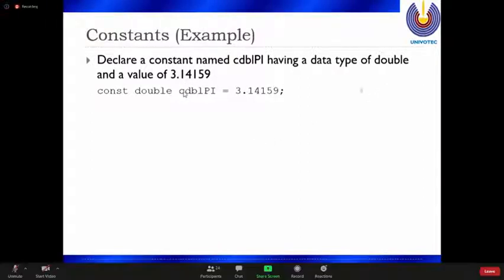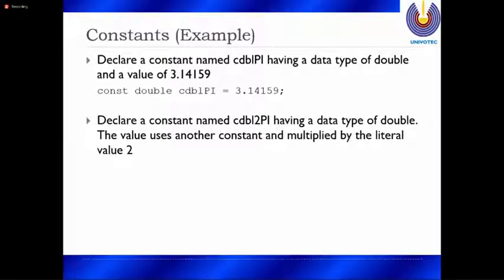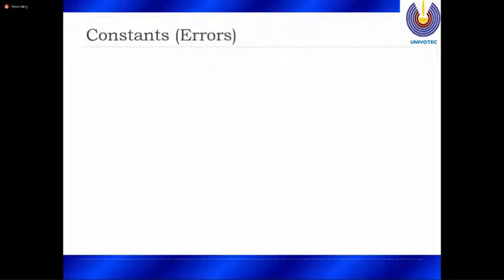This is the constant, and the value does not change. Declare the constant name C dbl 2 pi having the data type of double, with the value using another constant and multiplying by the literal value. Okay, you can declare it this way.